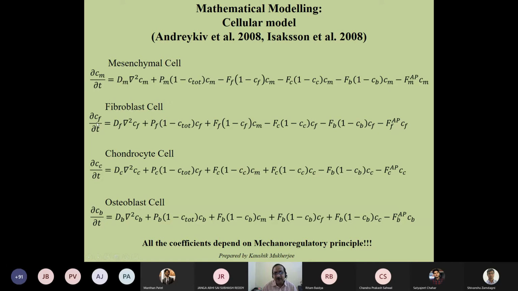Each term on the left is the concentration of the cell type being differentiated. And the terms like CF, CM, CC, CB are coefficients that govern the process. All the coefficients depend on mechanoregulatory principle. There is some detailed documentation on that.